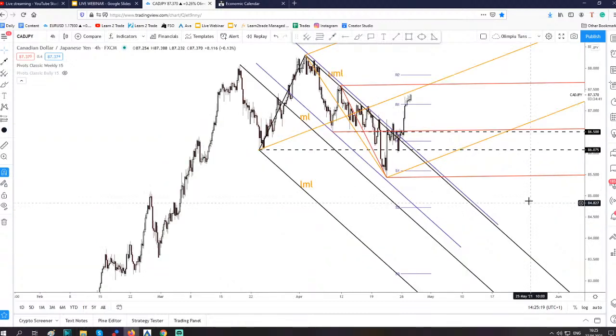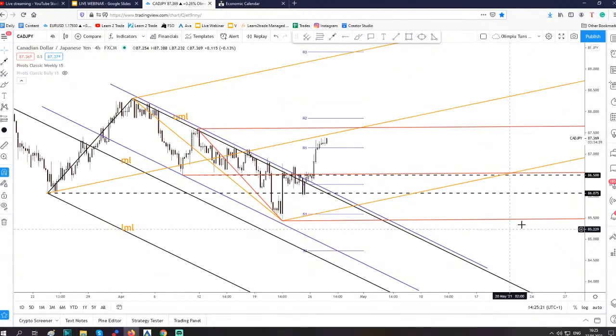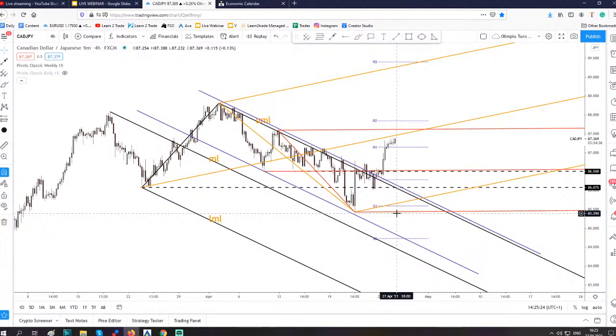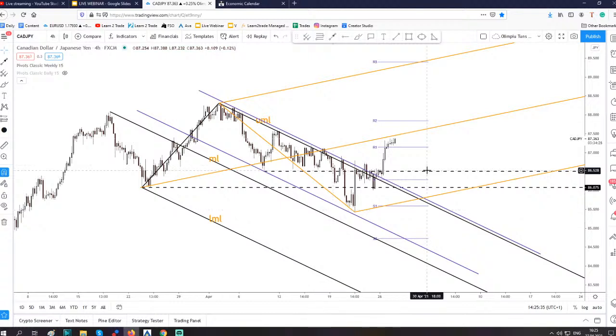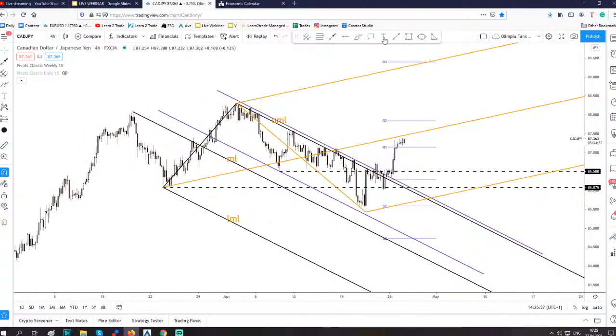So maybe we had an opportunity here on this aggressive breakout above 86.50. Now the price is almost about to reach the first target, represented by the medium line of the ascending pitchfork.